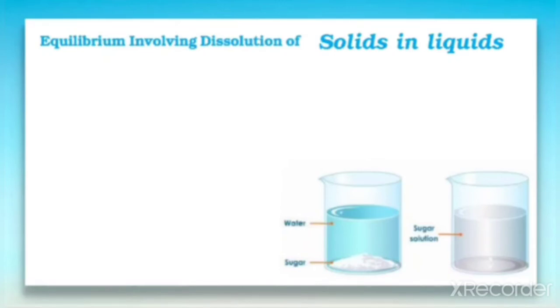That means when we add sugar to water, it gets dissolved, but only a limited quantity of sugar or salt in a given amount of water at room temperature can be dissolved. A stage is reached where no further dissolution is possible.